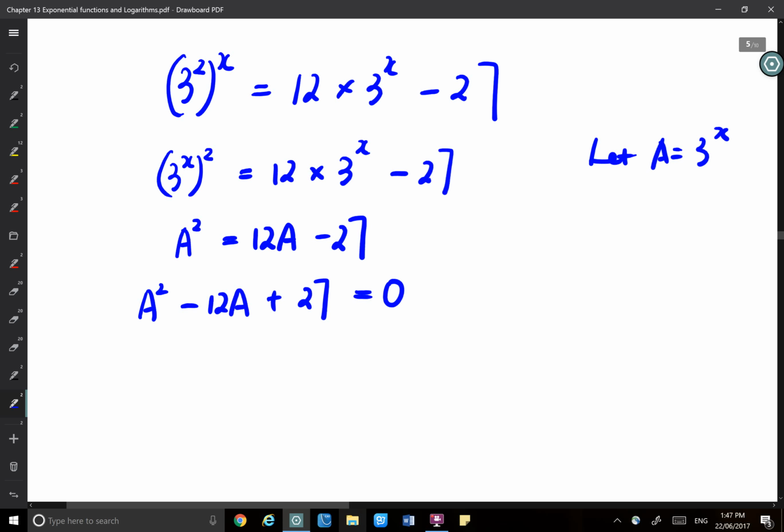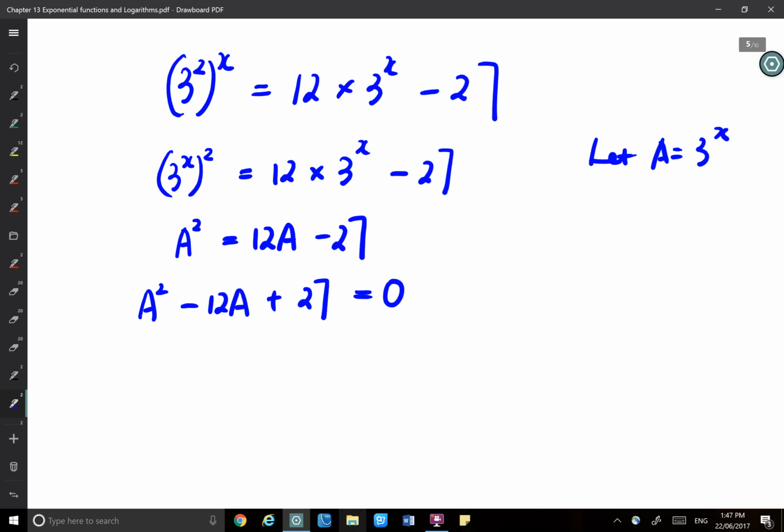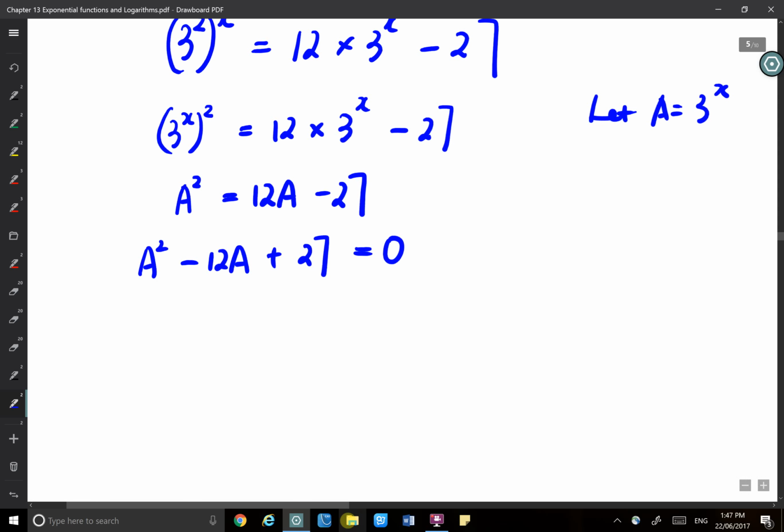That becomes a quadratic. This is like changing variables. I change variable x into variable a. Therefore, I can have (a minus 9)(a minus 3) equals 0.